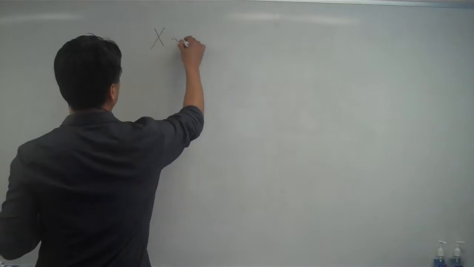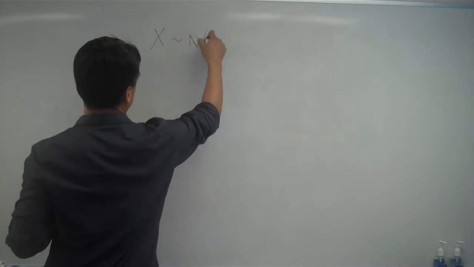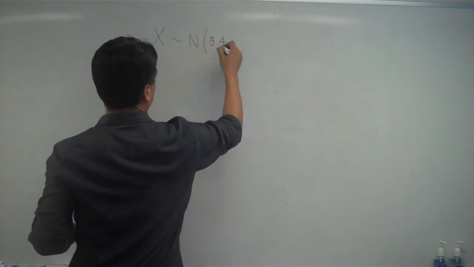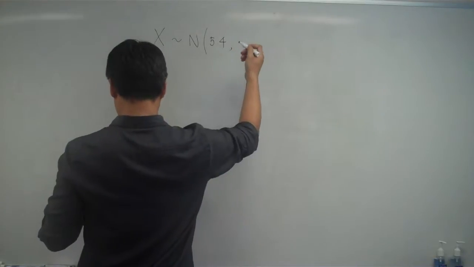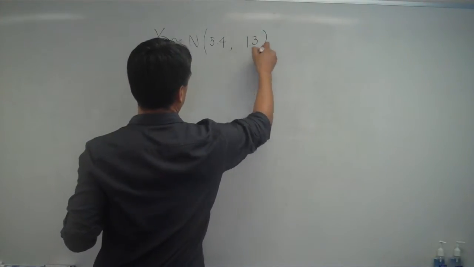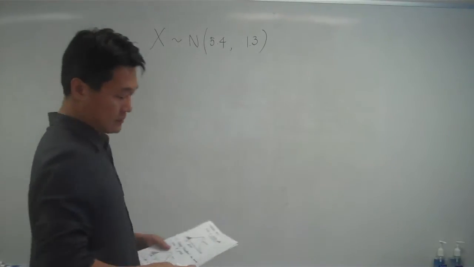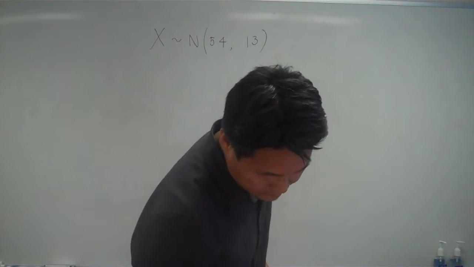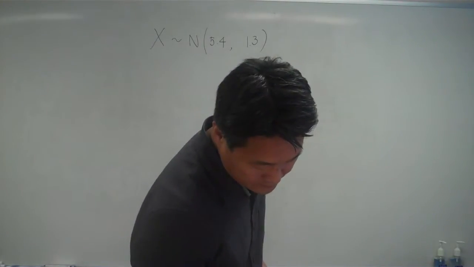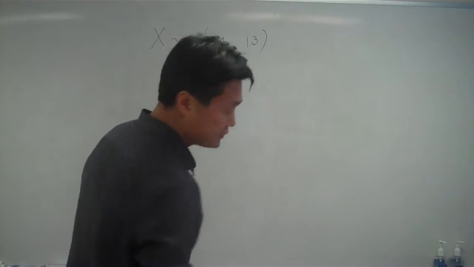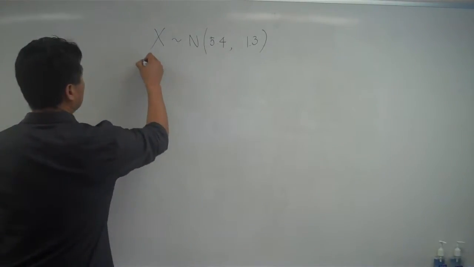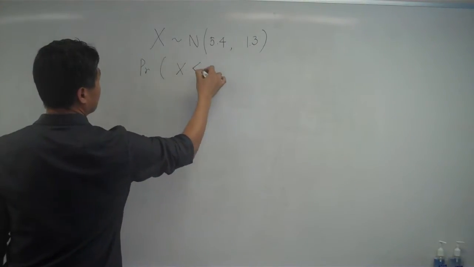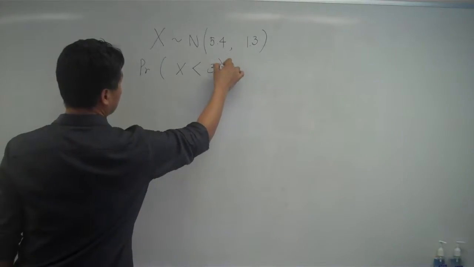So the actual x variable follows the normal distribution, and mean is 5.4, standard deviation is 1.3, and the question is asking to find the probability that a child selected at random spends less than 3 hours in the upright position. So he's asking about x is less than 3 hours, right?